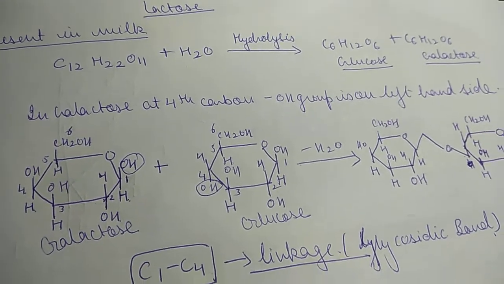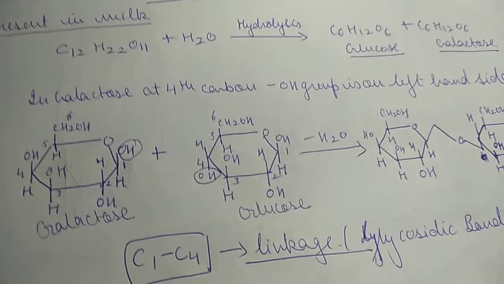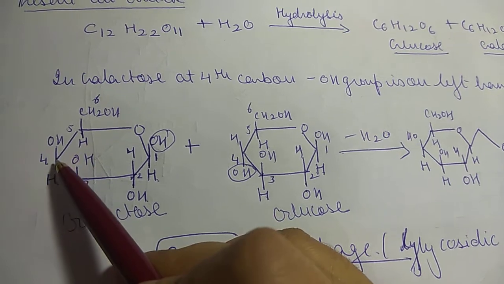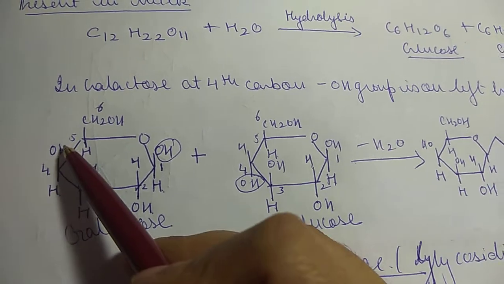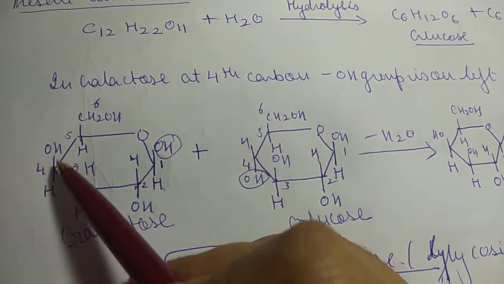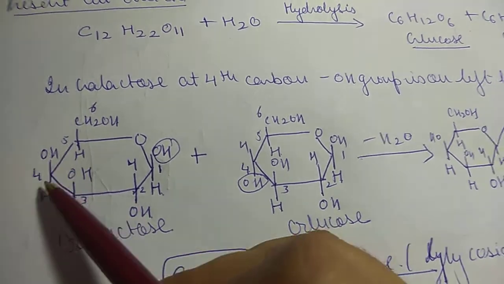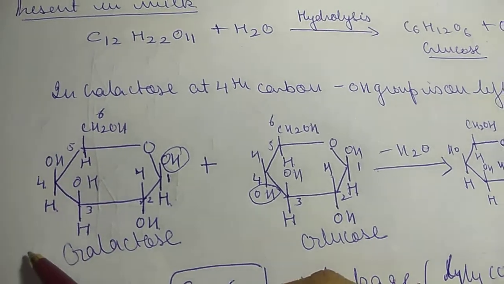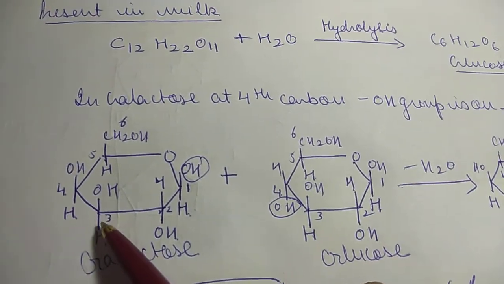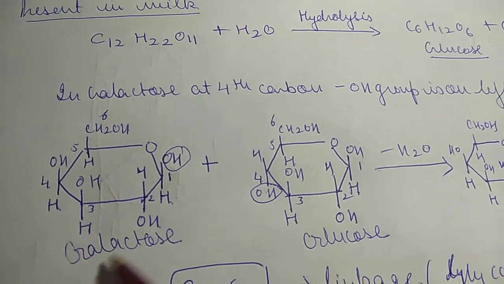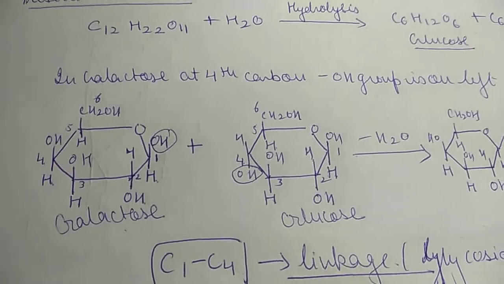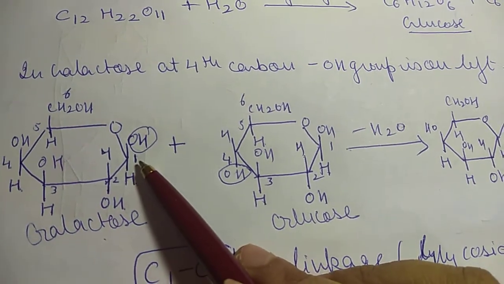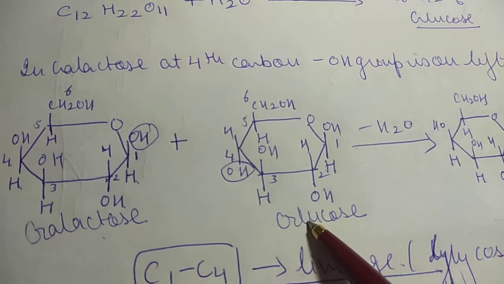Now I told you before also, the only difference in the structure of the two is, you can see on the 4th carbon the OH here in the Haworth projection formula is above and H is down, meaning in the Fischer projection formula this OH will be on the left hand side, same as in the case of the 3rd carbon in galactose. So this is carbon number 1 of galactose and carbon number 4 of glucose.